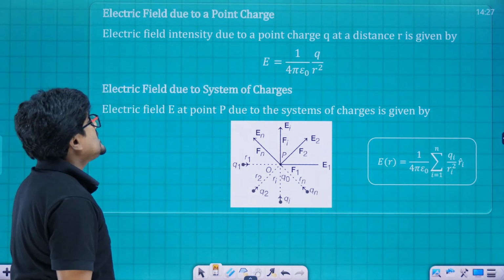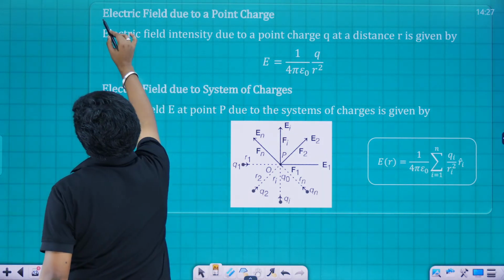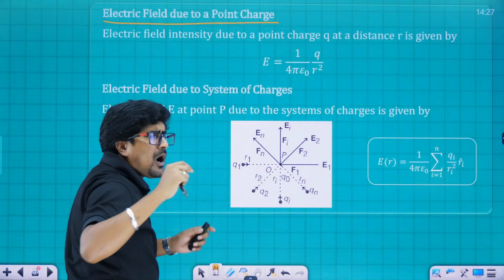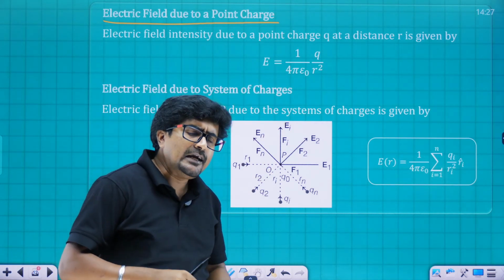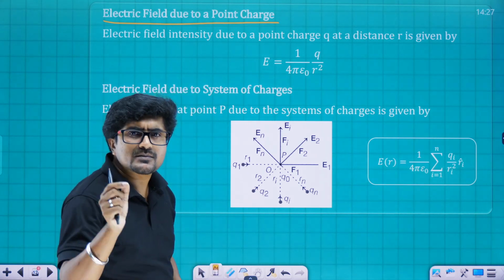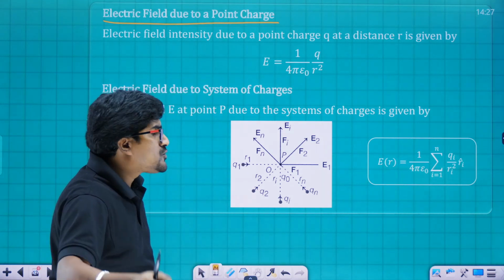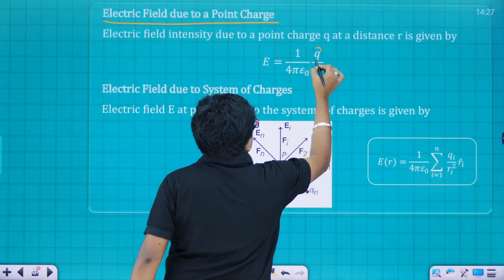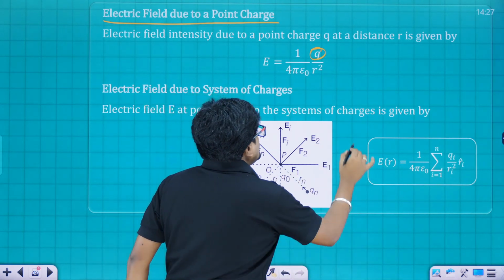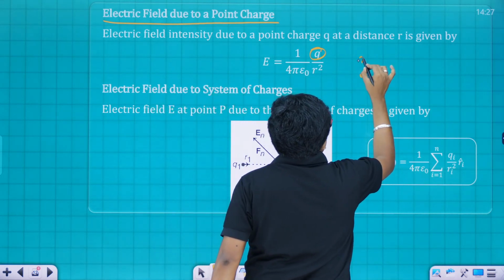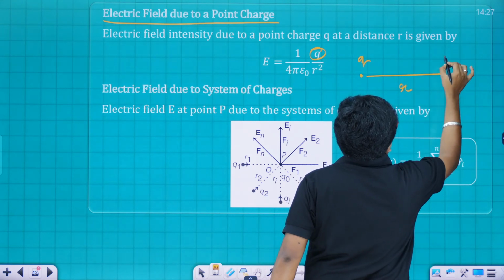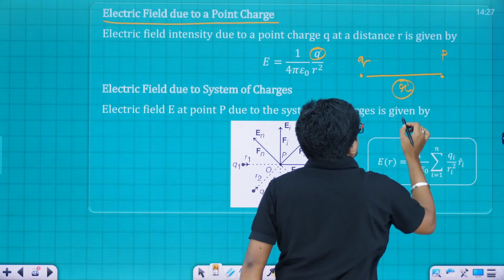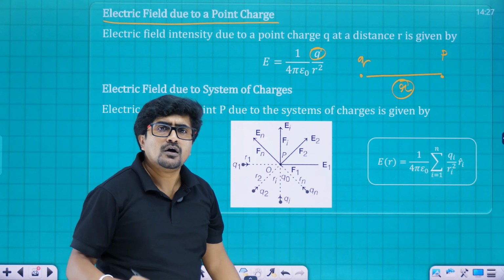Moving to the next, that is electric field due to a point charge. How to calculate the electric field strength or electric field due to a point charge at a distance small letter r from the source charge, that is small letter q. So we are having a source charge small letter q, all right, and we are asked to find out electric field at point P, which is located at a distance small letter r from the source charge.